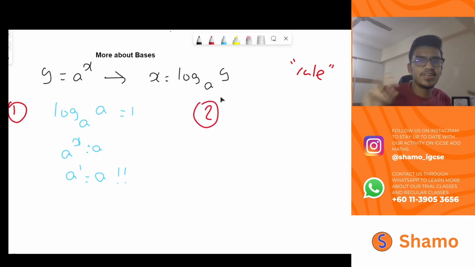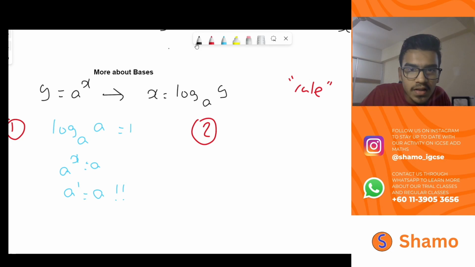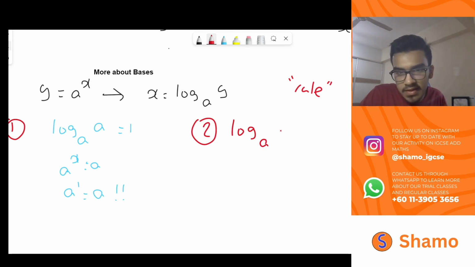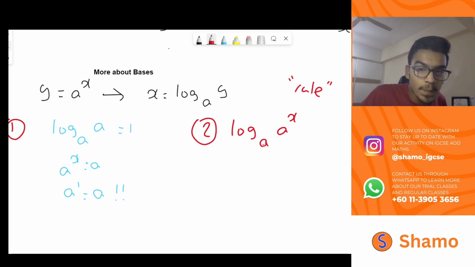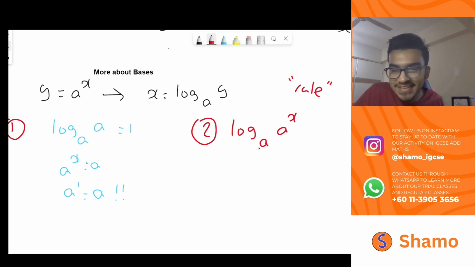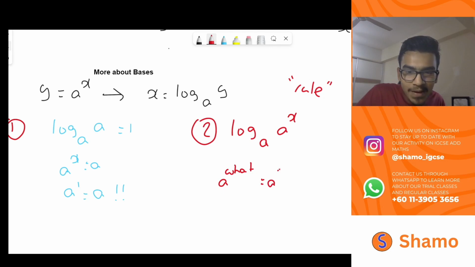Let's go to our second rule. If you have log base a and the argument is a to the power x, it gives us a number which again, let's discuss. Recall the definition. A to the power what gives you a power x?